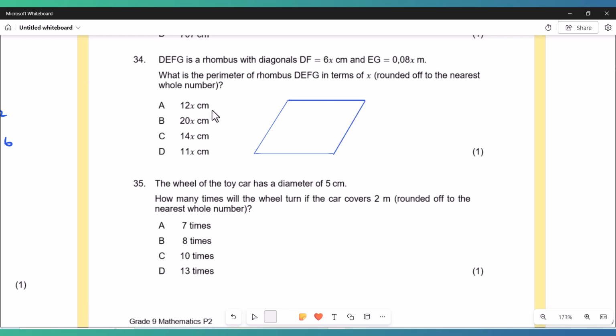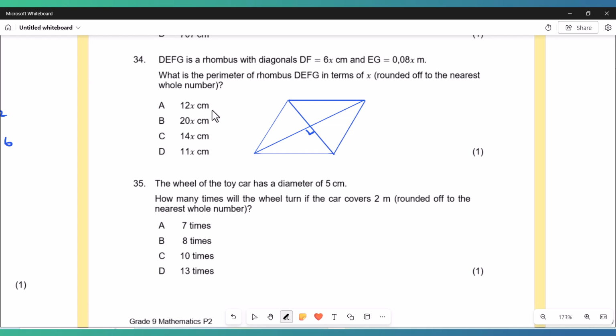Now the diagonals have been given to us here. Now the diagonals of the rhombus meet at 90 degrees, so this must be 90 degrees here. Now they said that EG is 0.08x meters.